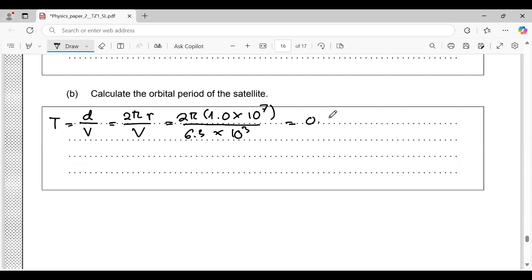The result is 0.996825 times 10 to the power 4, and in significant figures it is 9.9 times 10 cubed. The unit is seconds.